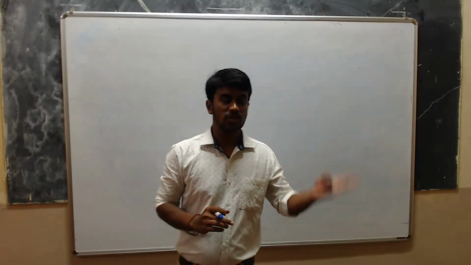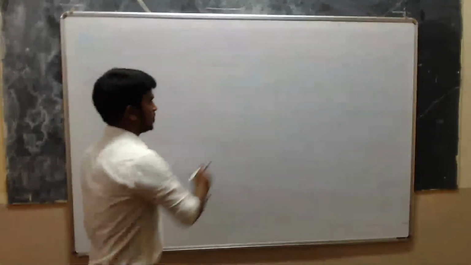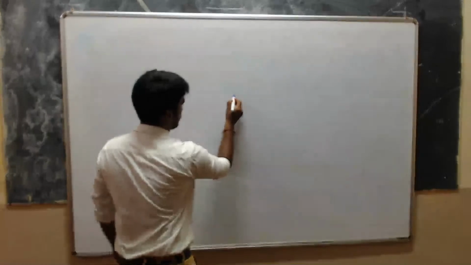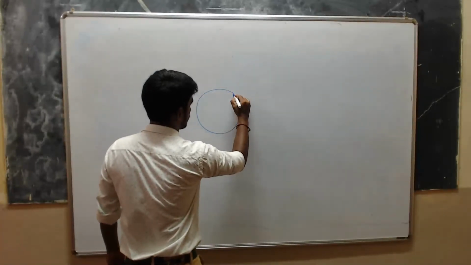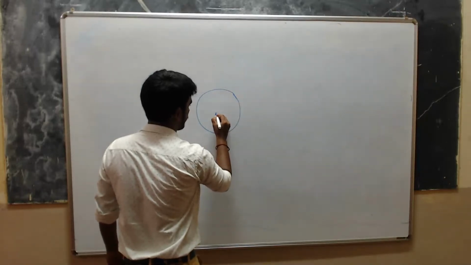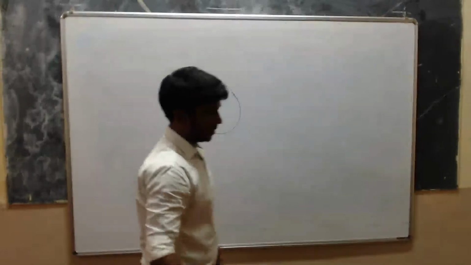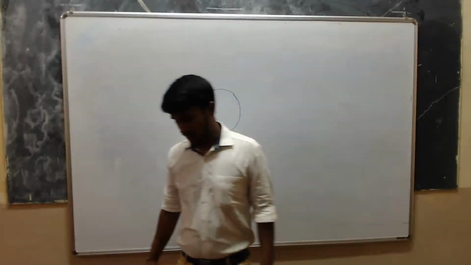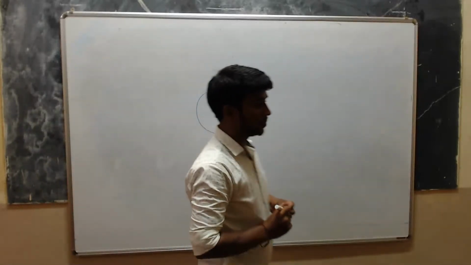Because those are curved surfaces. Just imagine a circle. The curved surface of a shining spoon could be considered as a curved mirror.